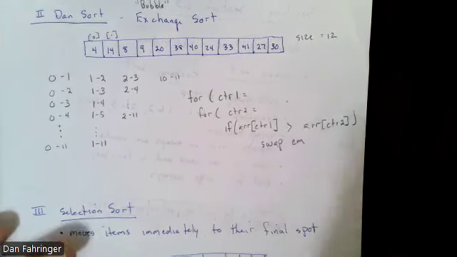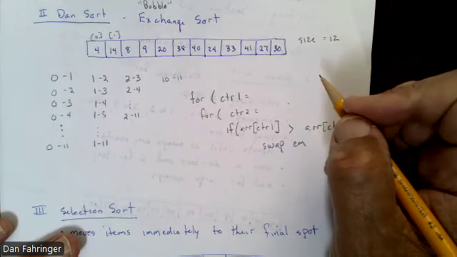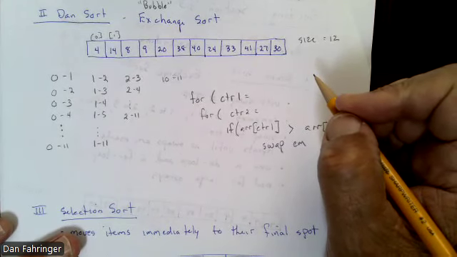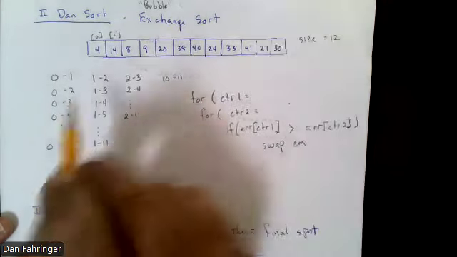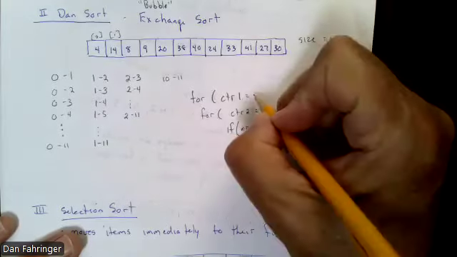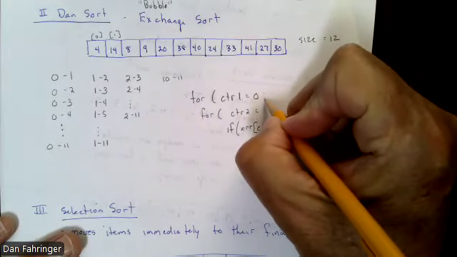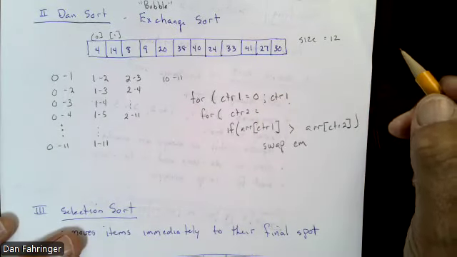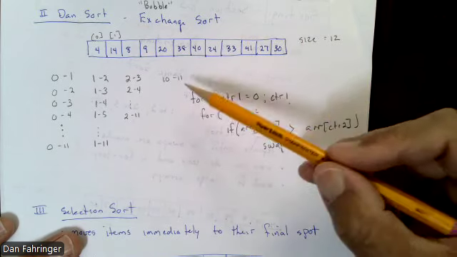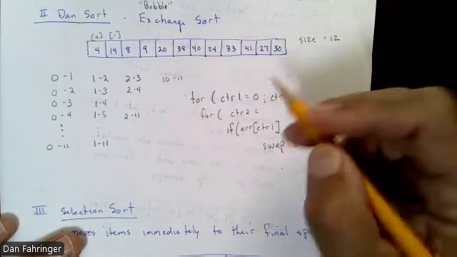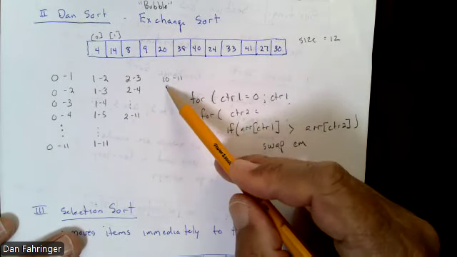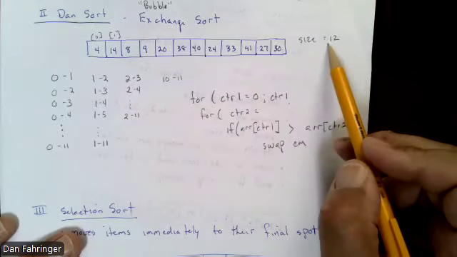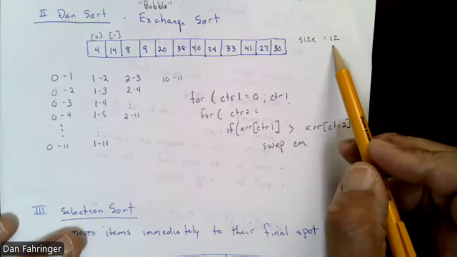Let's see, for counter 1, where's counter 1 start at? Zero. Well, it starts at 0. Oh, because the first, right, my bad. And how far does counter 1 go? So it's less than size, or less than 11, which is size minus 1.